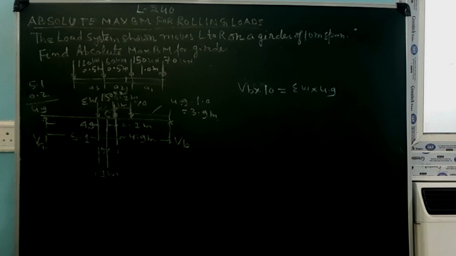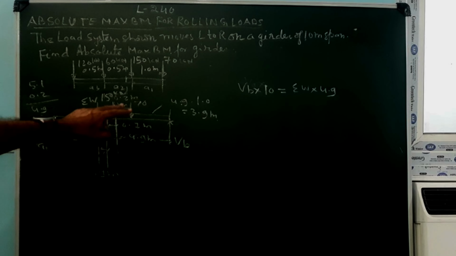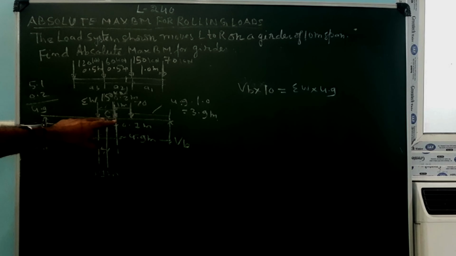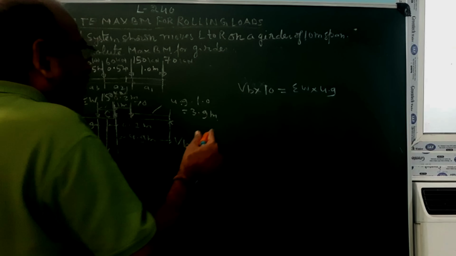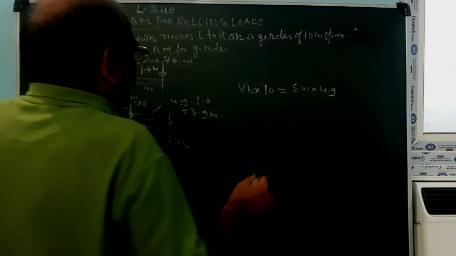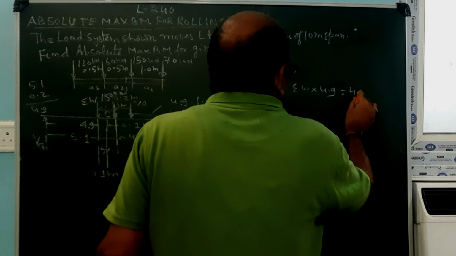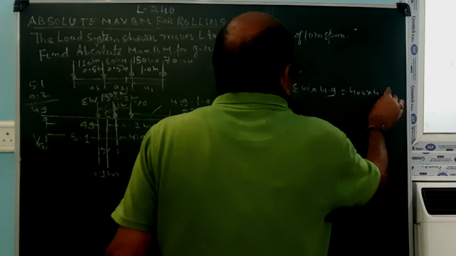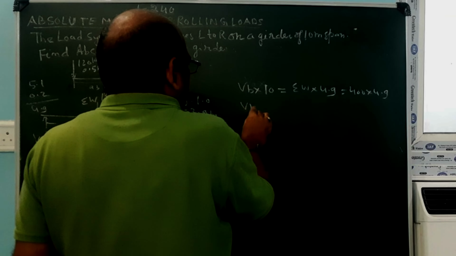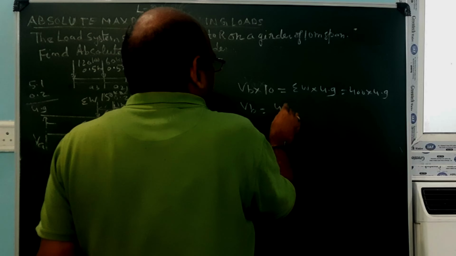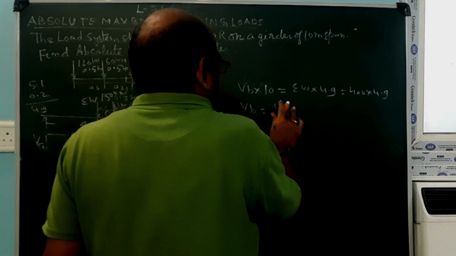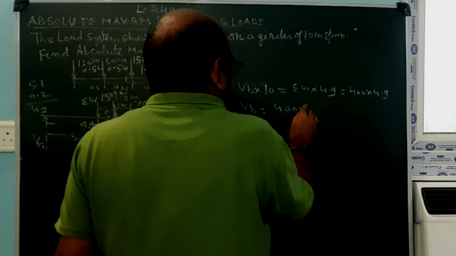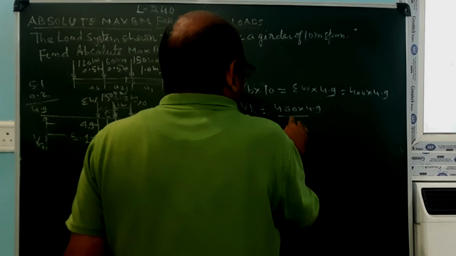This is the total load, but we are putting the load in these conditions so that we can get the maximum. Sigma W is 120, 60, 180, 70, 250, 100, 400. So BB equals 400 into 4.9 divided by 10.